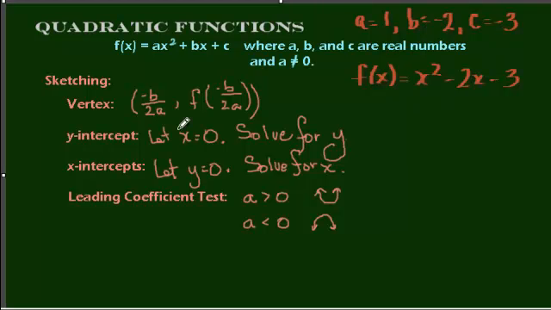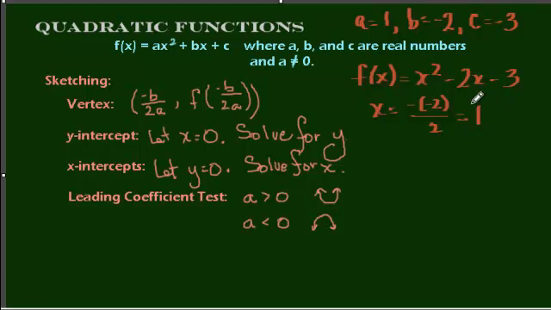Let's find the vertex. What this formula tells us to do is to find the x value, we take in place negative b over 2a. So let's do that. Our x value would be equal to negative b, so that's a negative 2 over 2 times 1, which is 2. So our x value is 1. In order to get the y value, what this says is take your function and in place of x, put what you got for x.